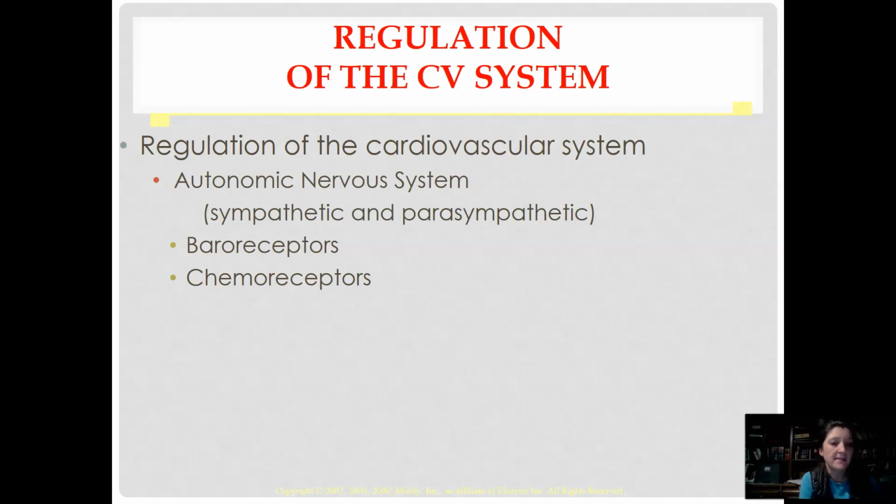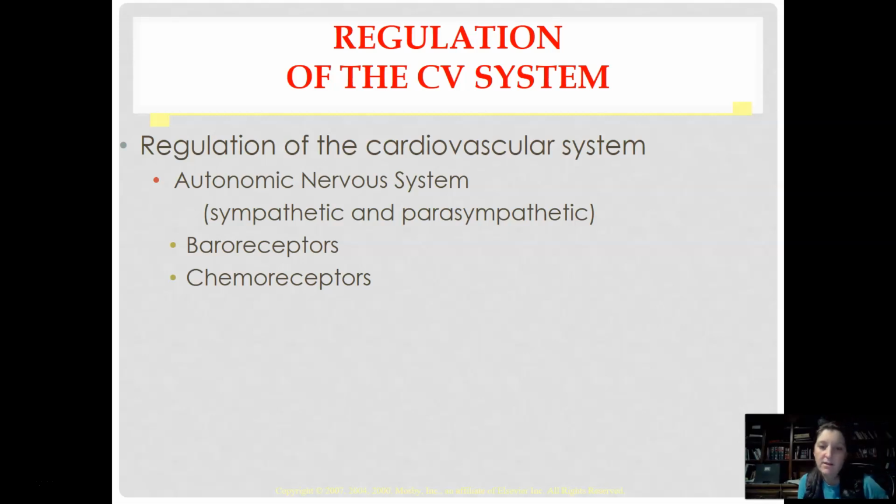The heart rate is sped up. Conduction through the heart is sped up. We have more contractility of the heart. It's beating everything faster. More cardiac output. And the arteries are going to constrict. So we're going to have an increase in blood pressure with sympathetic nervous system activation.